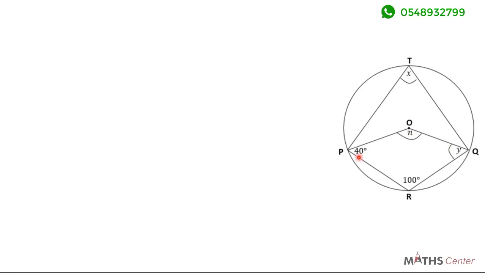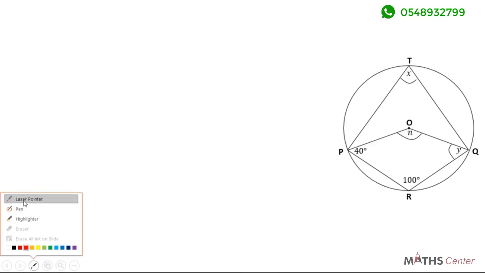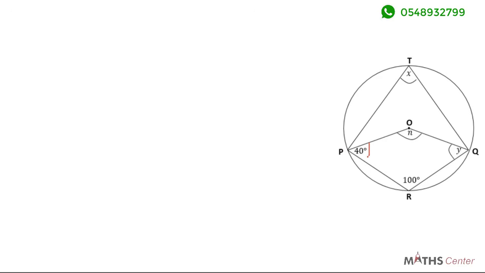Now let's continue. We can see that P, O, Q, R is also a quadrilateral. We know this angle here to be 40 degrees. We know the angle created here to be 100 degrees. We know the angle created here, we have found it is 160 degrees.